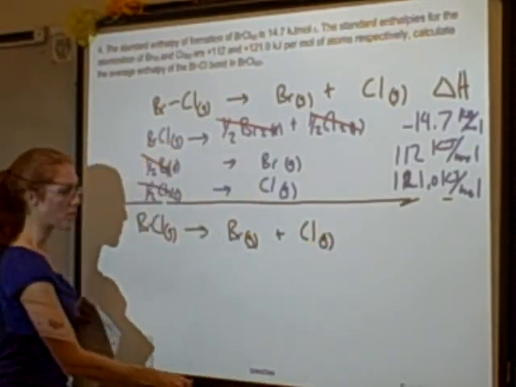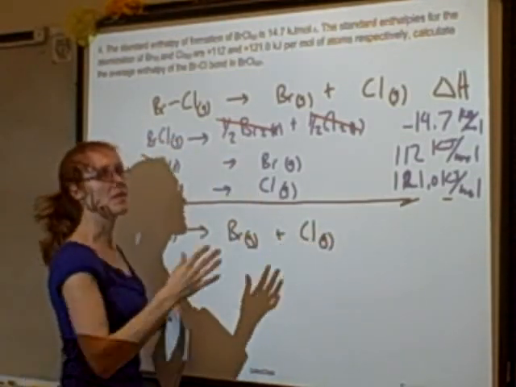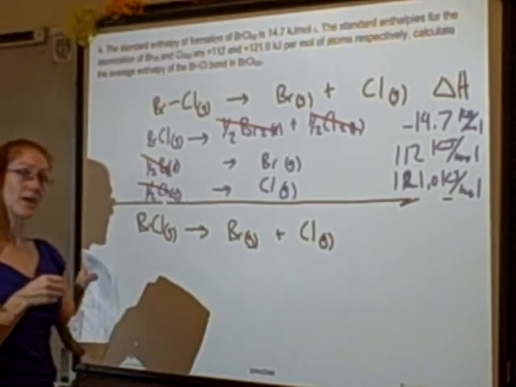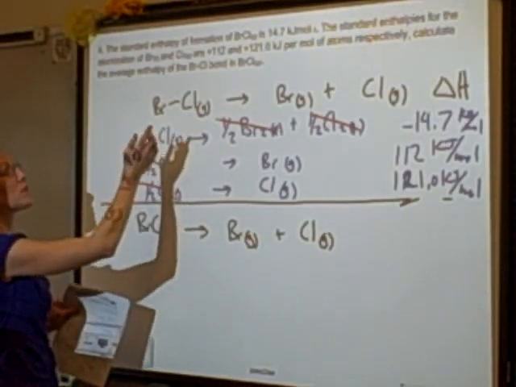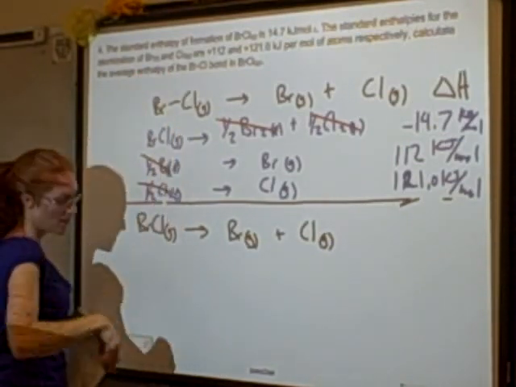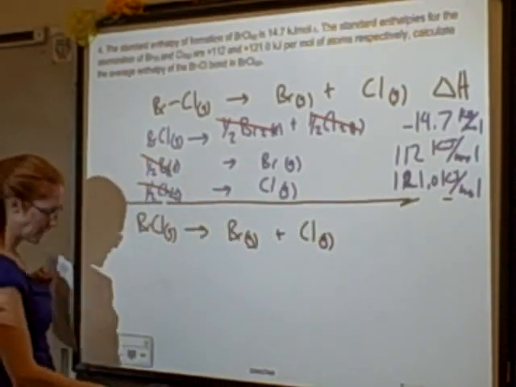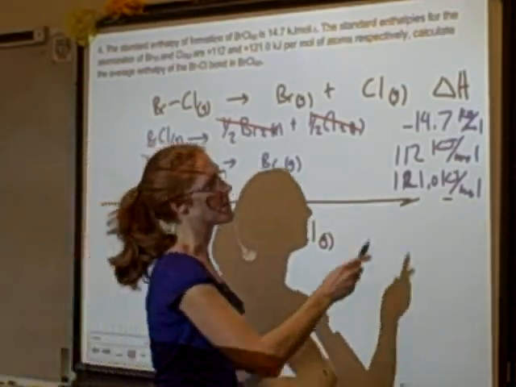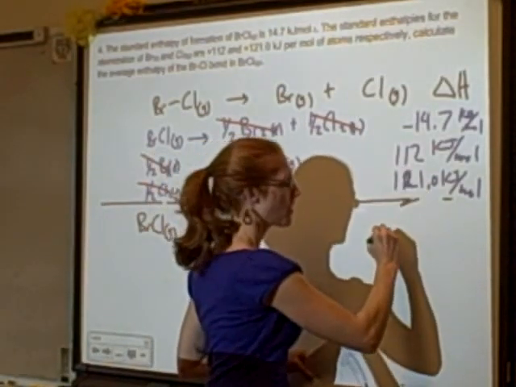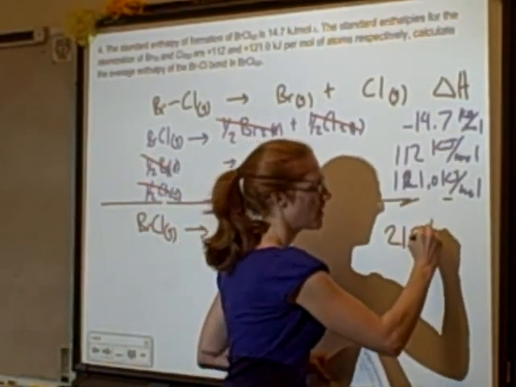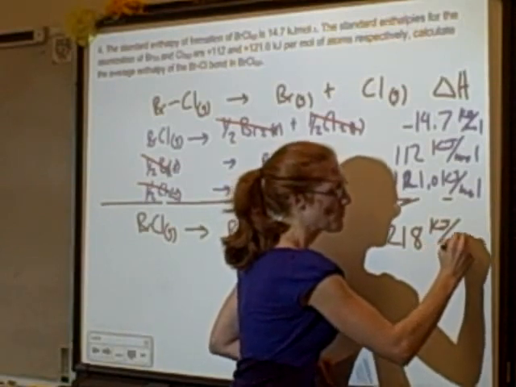So all I did is I broke the bonds. I can't put Br2 or Cl2 there because then I would be forming new bonds and I wouldn't just have the change of enthalpy of breaking that one bond. So now when I add these all up, I'm going to get 218 when I round to the nearest whole one because I only knew these answers to the one.